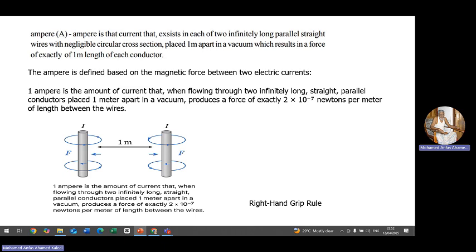The amount of current that produces that much magnetic force is the definition of ampere.